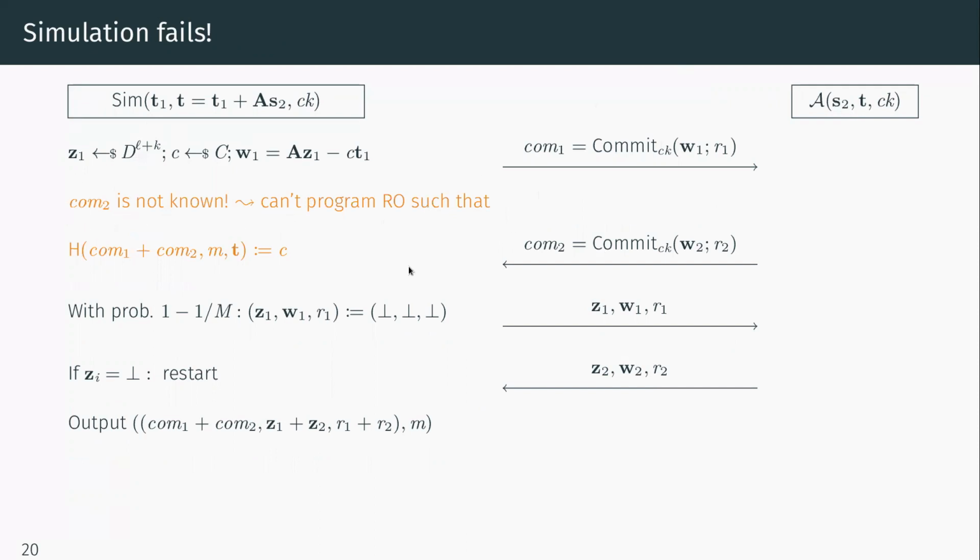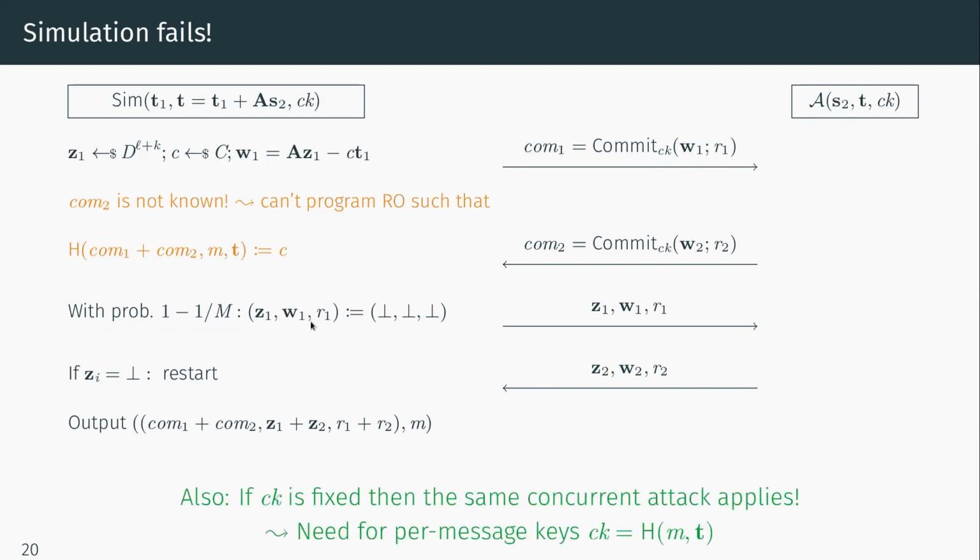So before sending back its commitment or its opening, there's no way for the simulator to program the random oracle with a challenge value chosen by the simulator. So this is an issue.